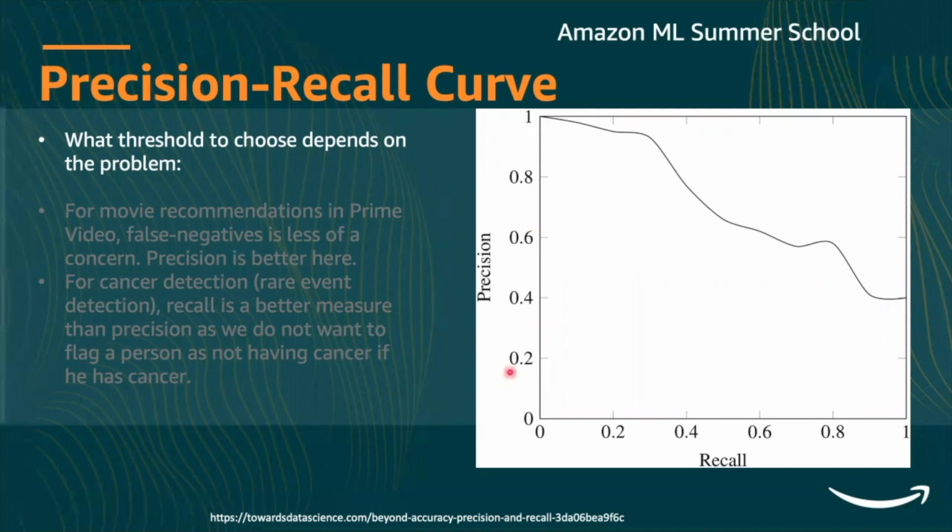On the right-hand side, you'll see a precision recall curve. On the y-axis, you have precision. On the x-axis, you have recall. This plot is made by selecting different thresholds, and for each threshold you compute precision and recall, let's say for thresholds of 0.9, 0.8, 0.7, 0.6, 0.5, 0.4, 0.3, 0.2, 0.1, and 0. And you get a curve.